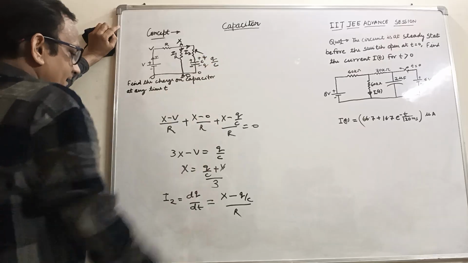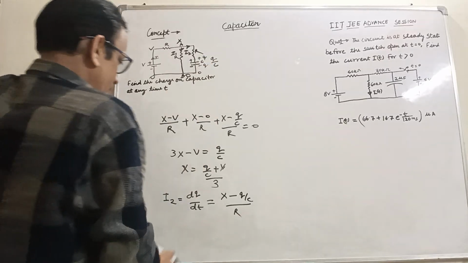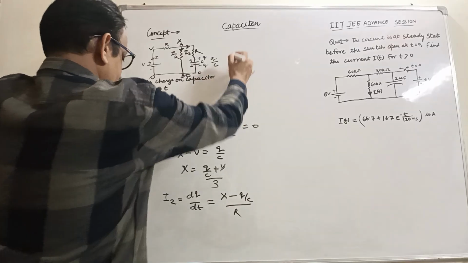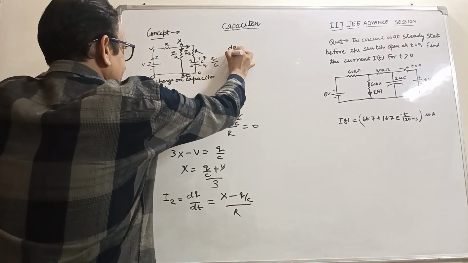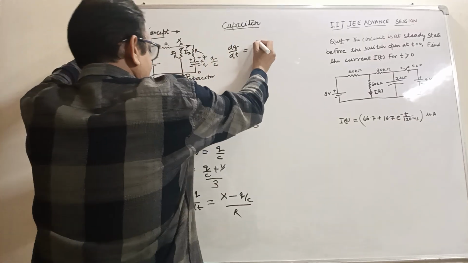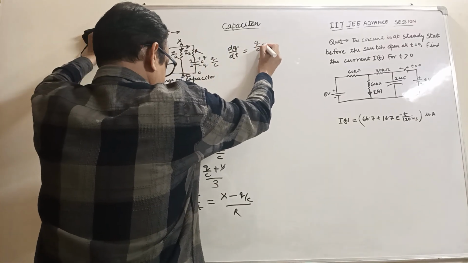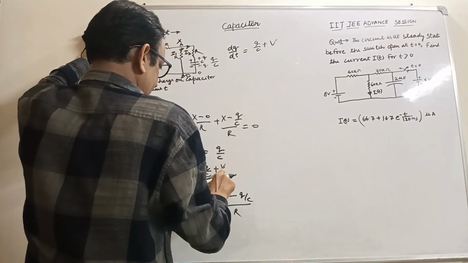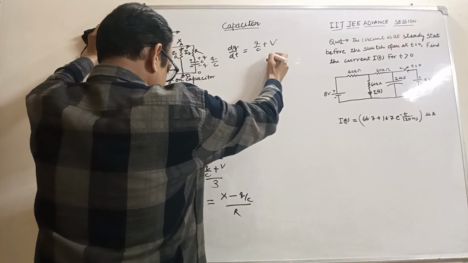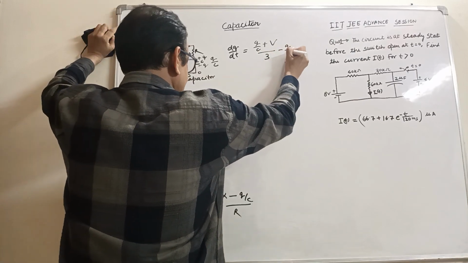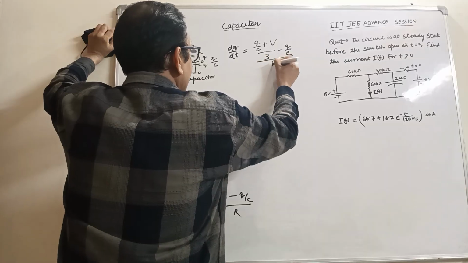This is the resistance R. So put the value here. So dq by dt becomes the value of x, that is (V plus q by c) by 3, minus q by c, upon R.